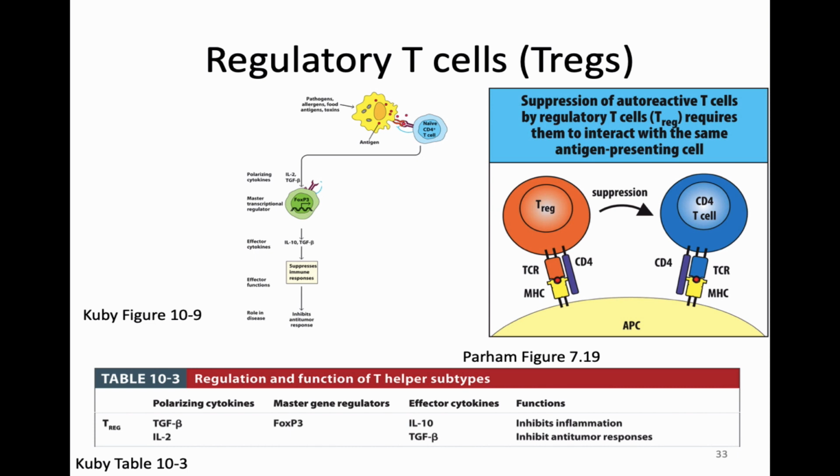We can see inhibition of other CD4 cells as well as inhibition of CD8 cells, B cells, and many other types of immune cells. In the past, there were a set of cells that were described as suppressor T cells that had a function like this, and then there were some data that made suppressor T cells look sketchy, and everyone sort of denied they ever believed in suppressor T cells, and the word suppressor and suppression became a bad word.